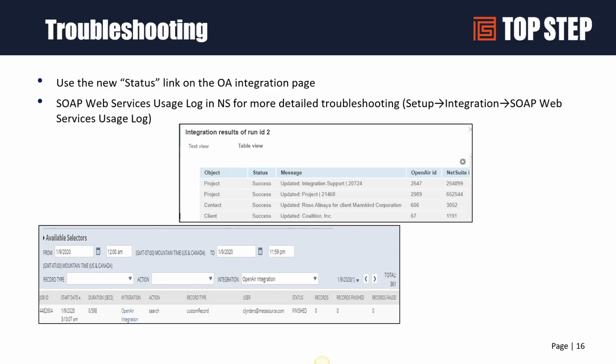In the last release, potentially, I know it was a release in 2019, they released a new status link inside of OpenAir. This was a great add to give you the ability to see the integration and all of the data that was handled and any errors that were happening, not only in the most recent run, but also across past runs.